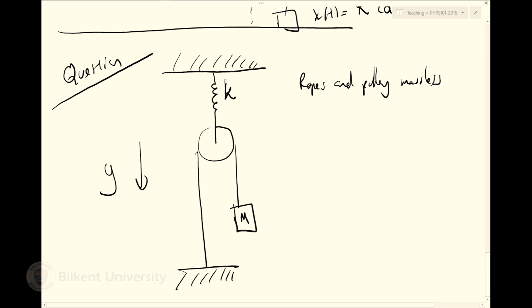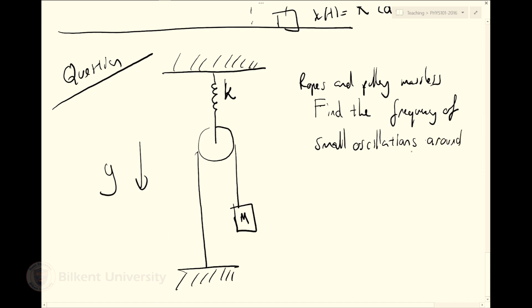There is g. Find the frequency of small oscillations around the equilibrium point.